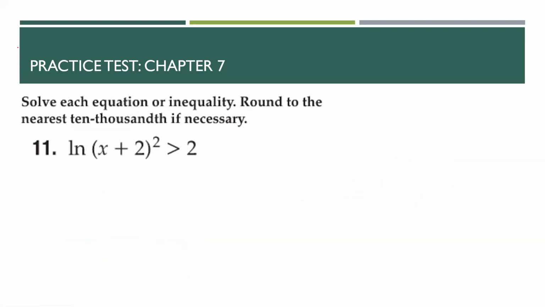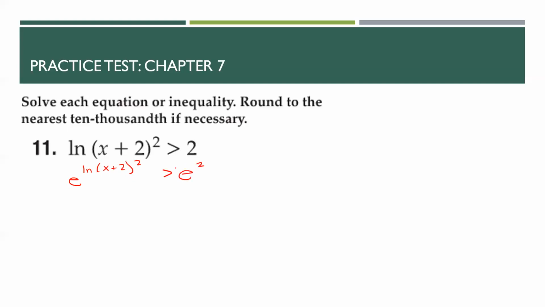I'm going to go ahead and do the next one, number 11. So we've got natural log of x plus 2 raised to the second power is greater than 2. We don't have to isolate anything. It's already been isolated. So we've got e to the power of natural log of x plus 2 squared is greater than e squared.